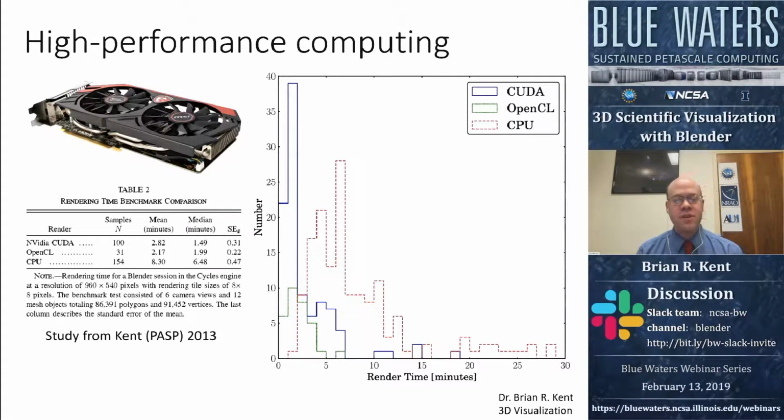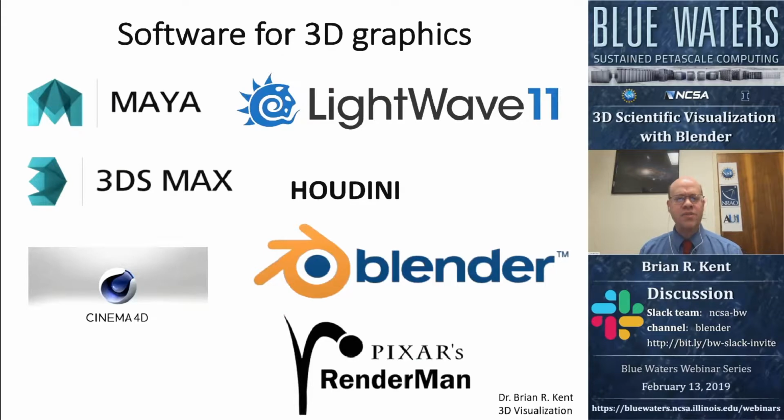But if you use something like NVIDIA CUDA or OpenCL, you can actually greatly increase your rendering speed, in this case by a factor of 4, just by turning on those plugins and using the advantages of GPU computing. So that's another way to increase the efficiency and decrease the time of your data visualization, which is one of the reasons why I like using the Blender tool.